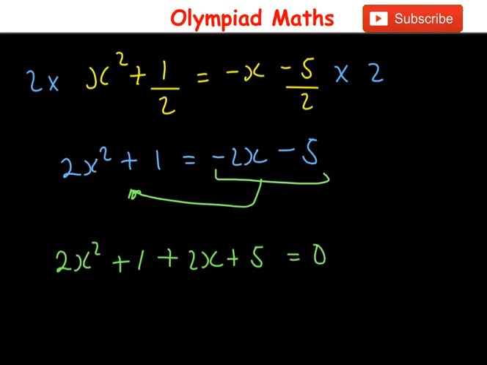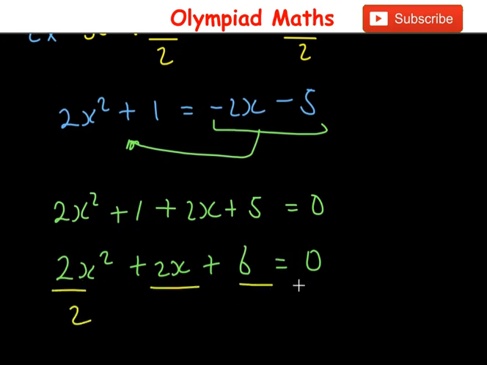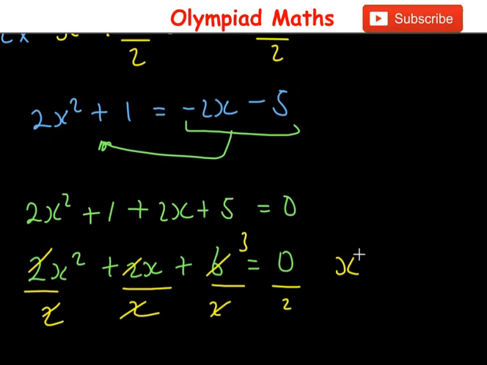This equals 0. From here, 2x squared plus 2x plus 1 plus 5 is 6. This equals 0. Then divide this equation by 2. So 2 we divide 2, 2 we divide this 2, 2 we divide 6, we have 3. And from this, we have the equation as x squared plus x plus 3, and this equals 0.